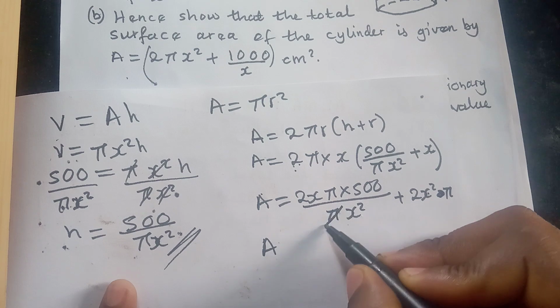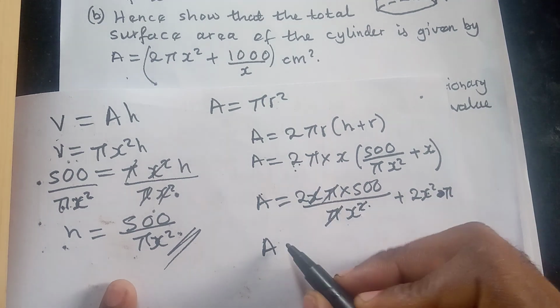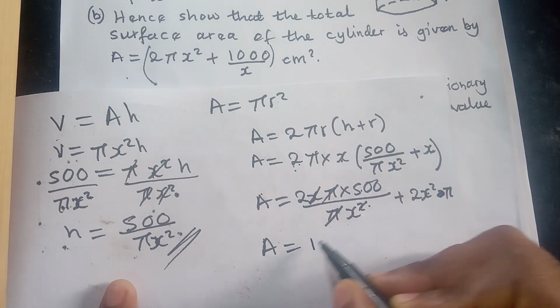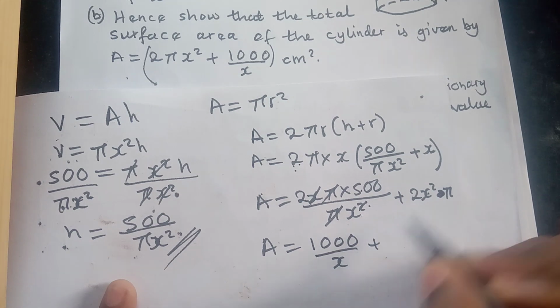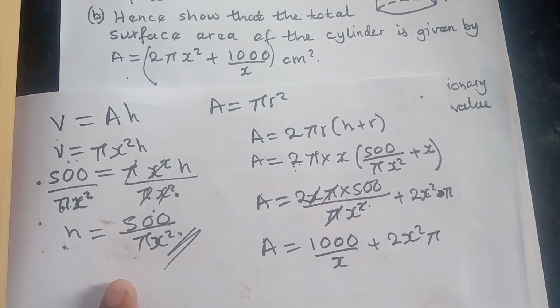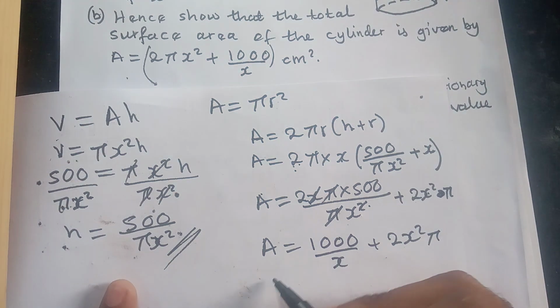So now pi and pi will go, one of these with one of those will equally go, so we remain with this times this. This will give us a 1000, then over x, and then this is 2x squared pi. So now you can write this in that form.